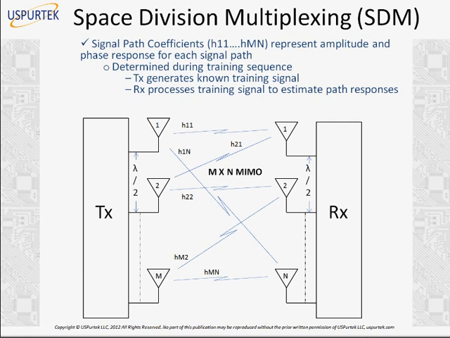It will go through a training sequence. So what is the training sequence? It will just determine the amplitude and phase response of each signal. How many different signals are received from the transmitter side, and how do we identify each signal separately? So the transmitter generates a known training signal, which is known to the receiver in advance, and the receiver then processes the training signal to estimate path responses.